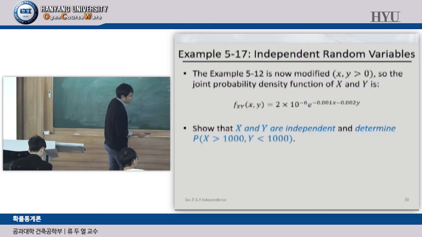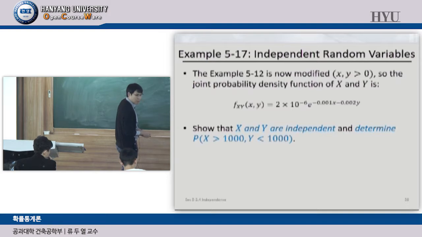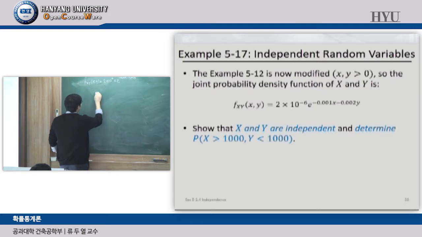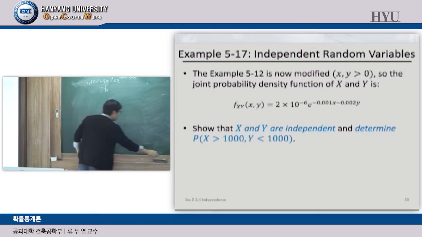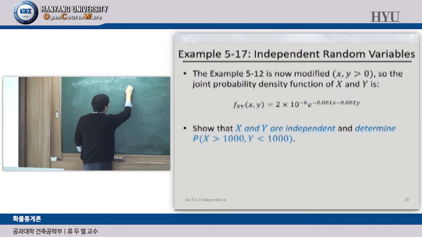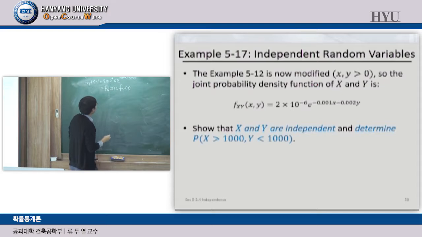So first we are going to verify that the random variables x and y are independent. For this, we have to make sure that this is equal to the multiplication of each marginal probability density function, right? So they should be equal to the marginal probability density function of x times the marginal probability density function of y. Okay?